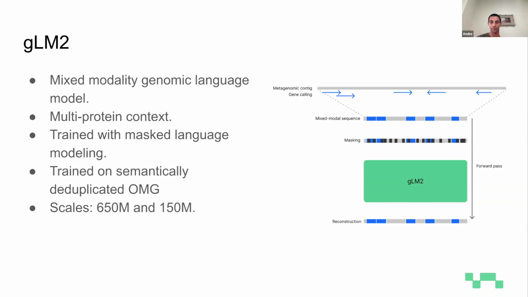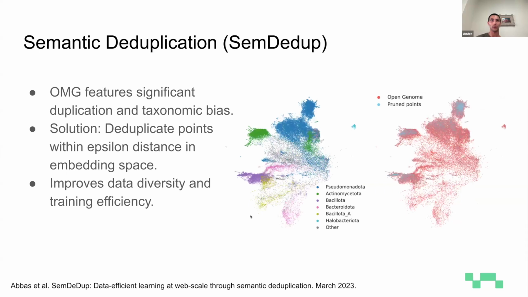Let's see. I'll just quickly jump back to this slide. So just to explain this figure, we're looking at semantic deduplication on the OG dataset just for visualization purposes. We can see the clustering by taxonomy followed by the pruned points.